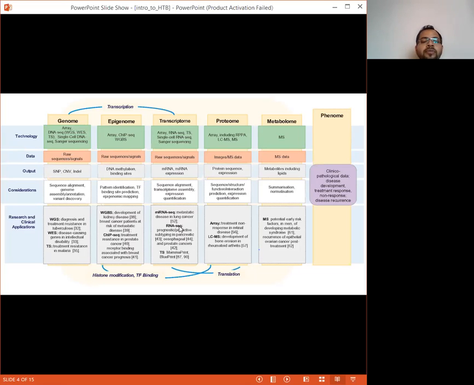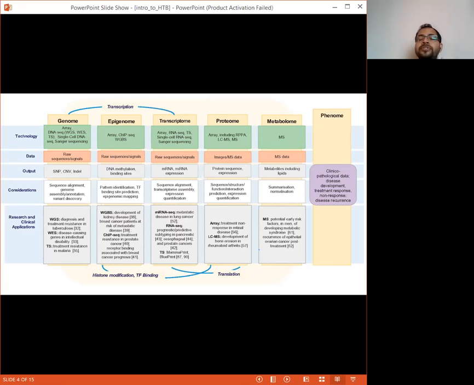There are different references given in this paper, this article. But what I am trying to say is that different omics technologies are available and they are very useful to analyze different sets of data. You will get different kinds of output from that data as per your aim or experimental goal.